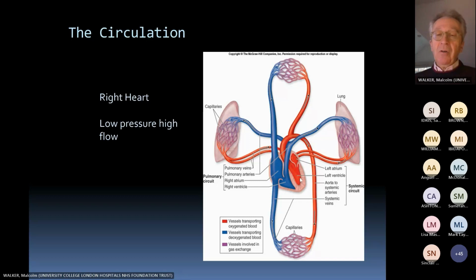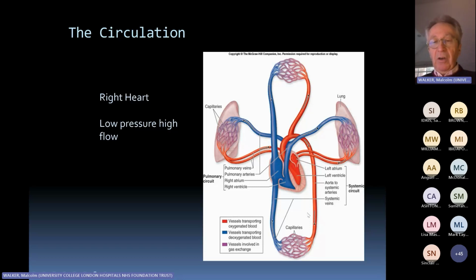So you've got to remember from your medical student and your A-level biology days, this is what the cardiac circulation looks like, with a low pressure, high volume circulation on the right, and a high pressure, identical volume on the left.